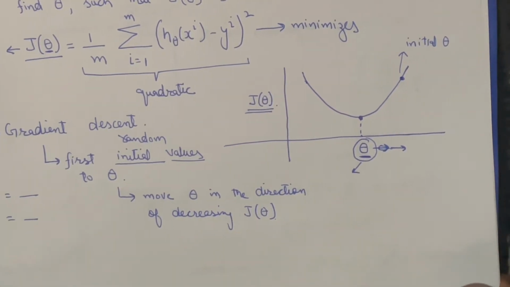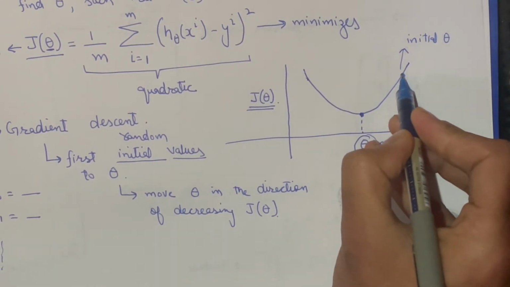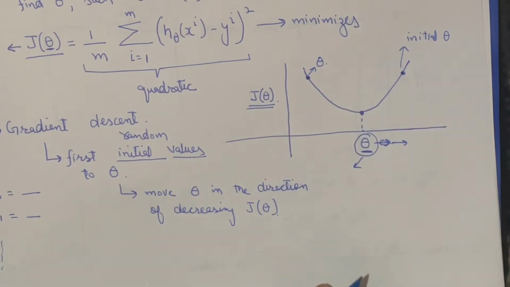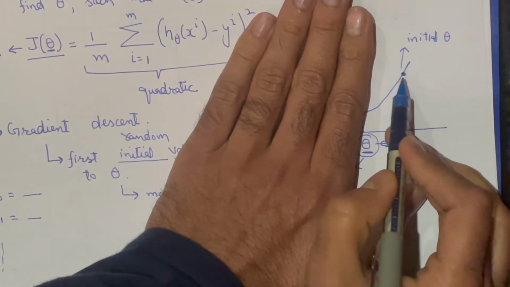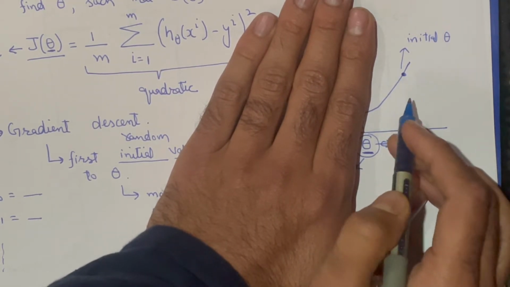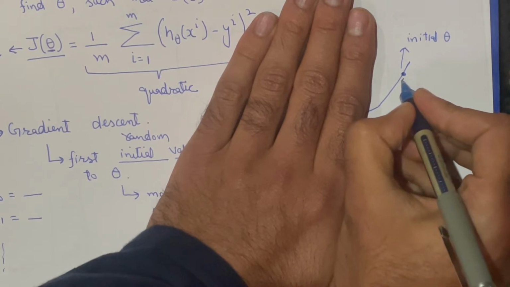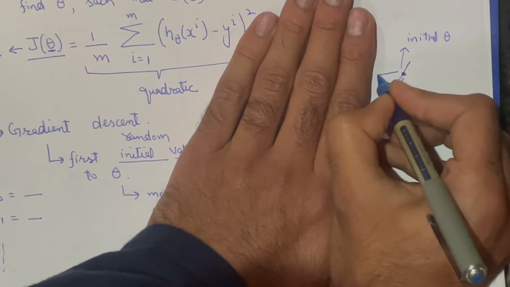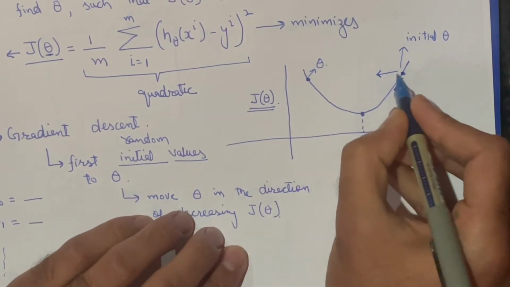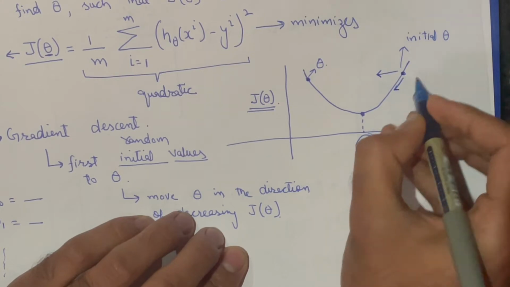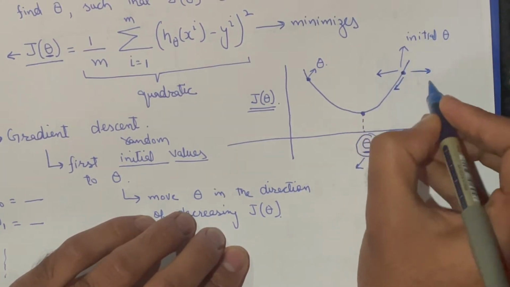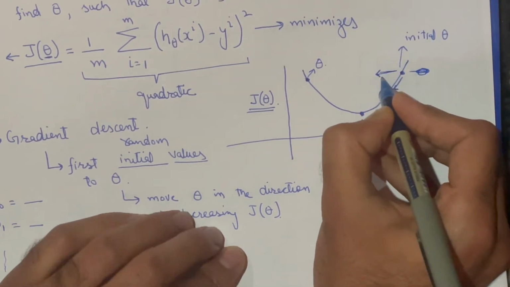So initially we have chosen theta here, or maybe we may have chosen it here. Let's suppose I have chosen from this side, then I have to change theta. I have to move in this direction, why? Because J theta is decreasing in this direction, but in the other direction J theta is increasing, so I have to move in the left direction.